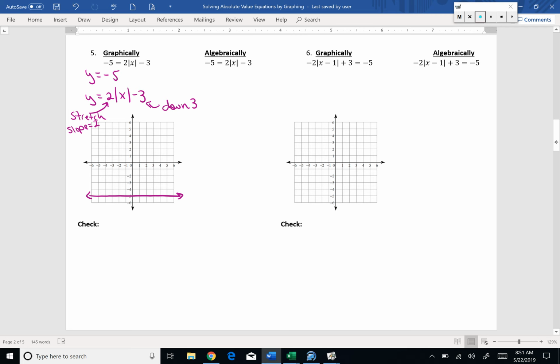So our graph, it doesn't go left or right at all, but it does go down 3. And then we have a stretch of 2, so our slope is 2. Up 1, right 2. And we graph.